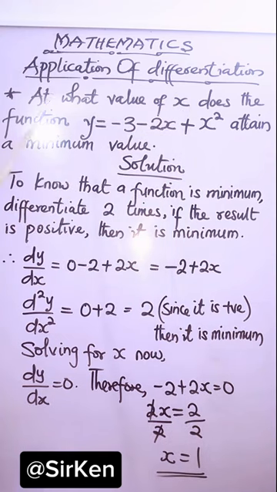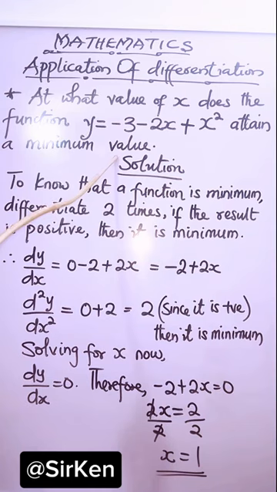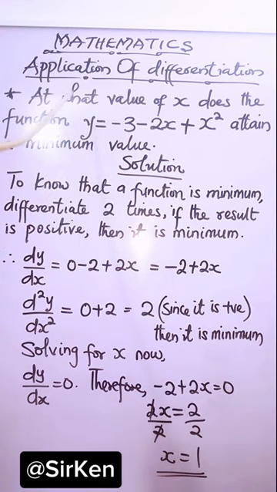Now the first thing is, you have to know what they mean by minimum value. Under application of differentiation, to know the minimum value, what you need to do is to differentiate the function 2 times.